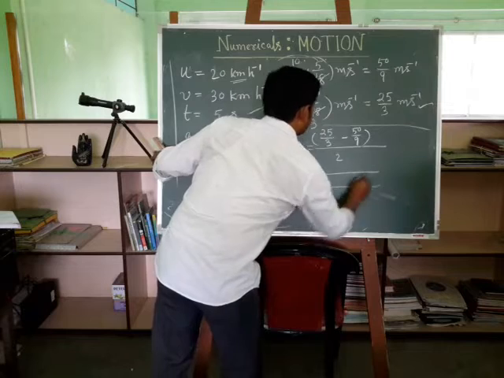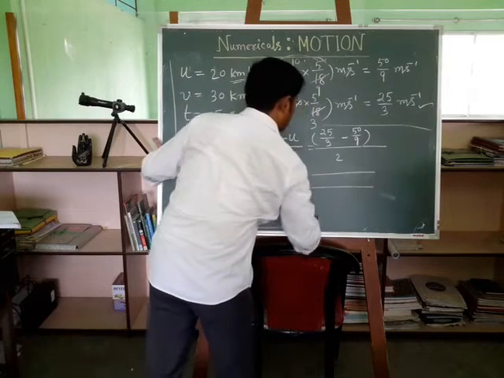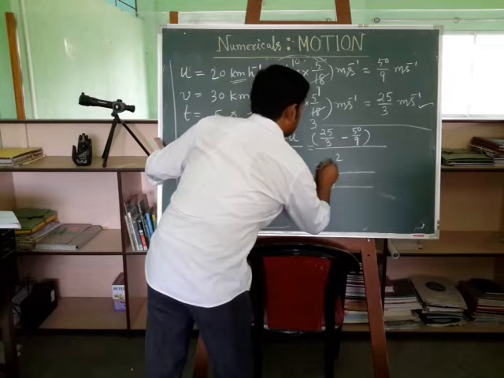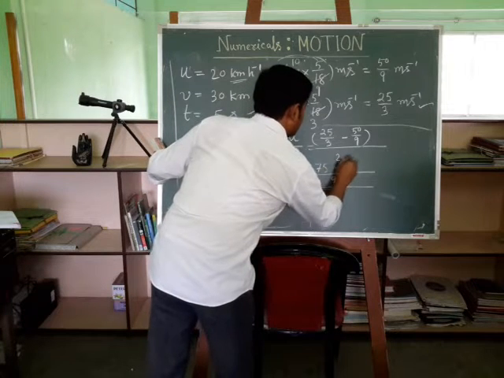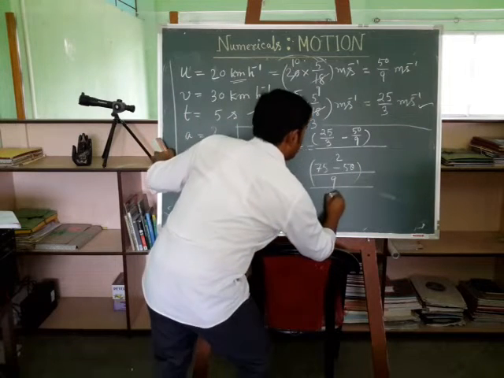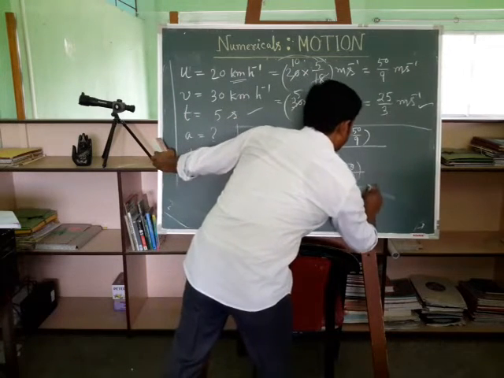So let us do this. You know how to solve it. So this is 9, this is 75, this is 50, then we have 2 here, then I am writing it here.